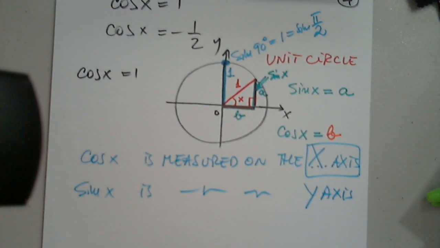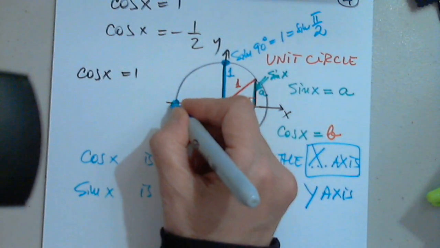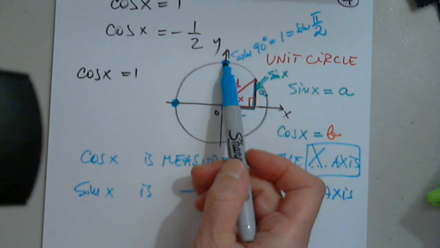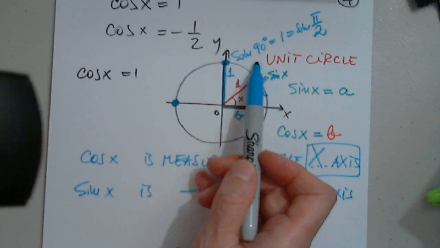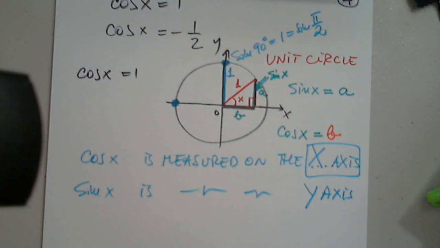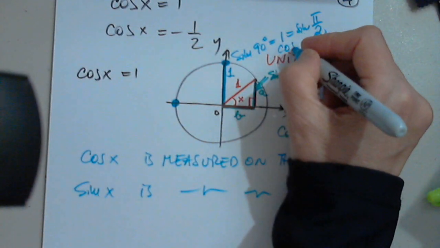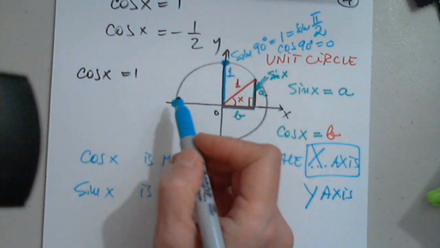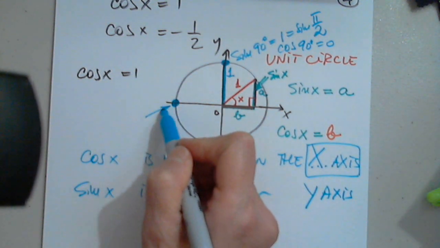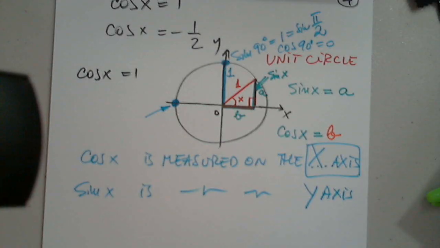Very good. What happens here? And of course, how much is cosine here for 90 degrees? 0. Yes, cosine 90 degrees is 0. Can anyone tell us what happens at this point? -1.